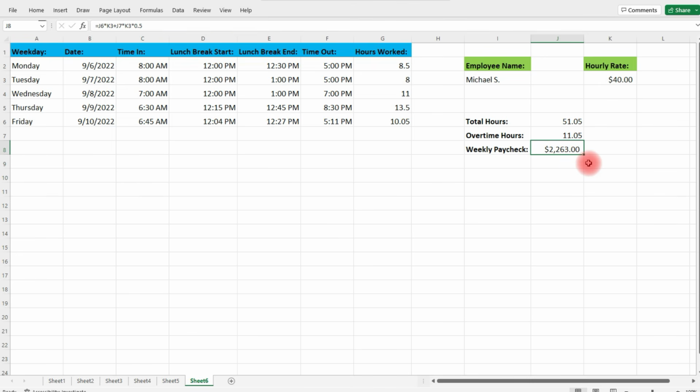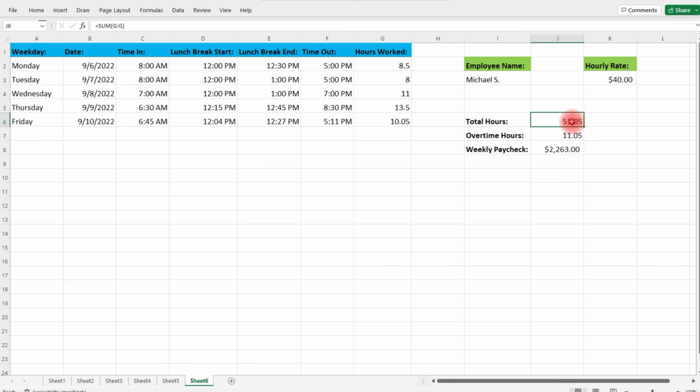$2,263. Now with overtime pay, you might be thinking, okay, shouldn't we multiply the overtime hours by 1.5? And the answer is yes, but we already did that. When you look at the formula here, the 11.05 hours, we've multiplied it by 0.5 here, but also, by 0.5 times 40, which is half of his hourly rate.